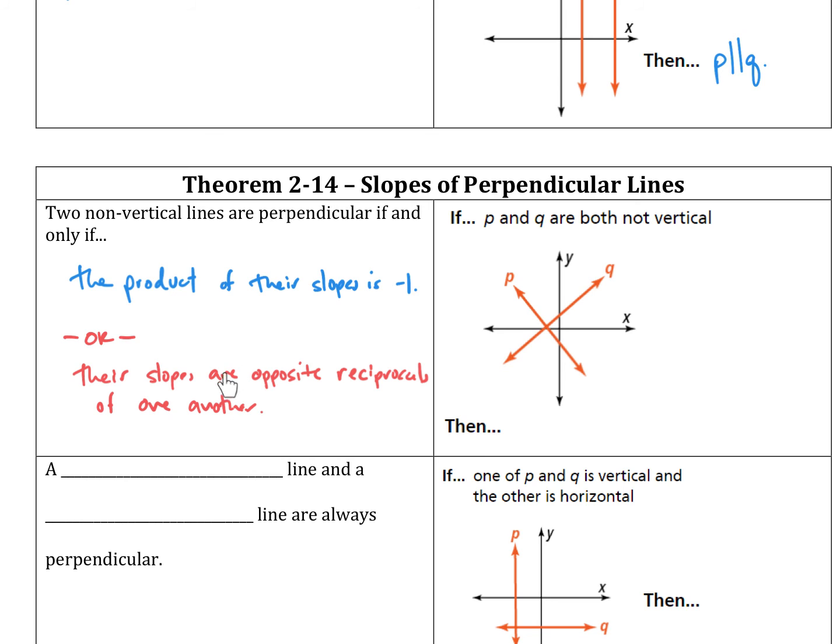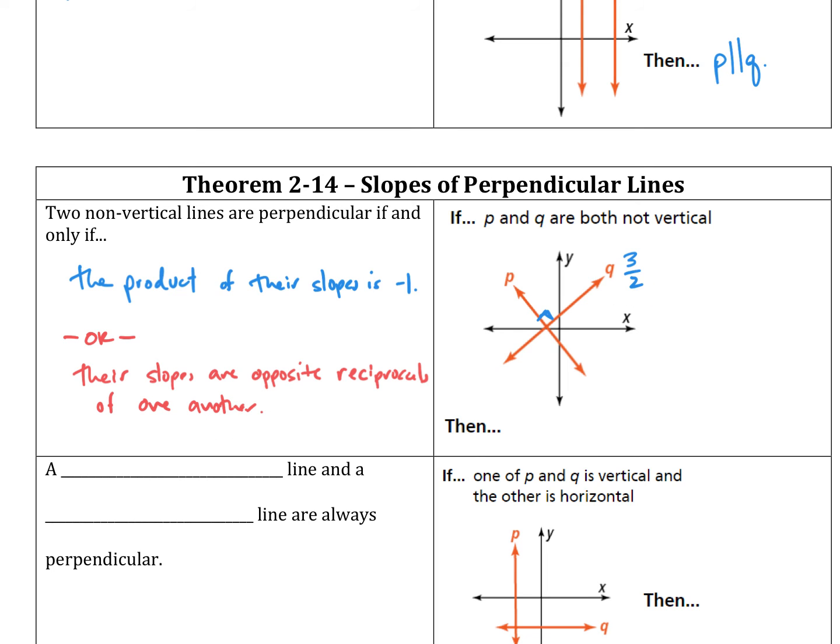And I'll just show you real quick why this is really saying the same thing. Let's imagine that Q has a slope of, it looks to me like a positive, maybe +3/2. And then line P has a slope, if they're going to make a 90-degree angle, that is an opposite reciprocal of this one.